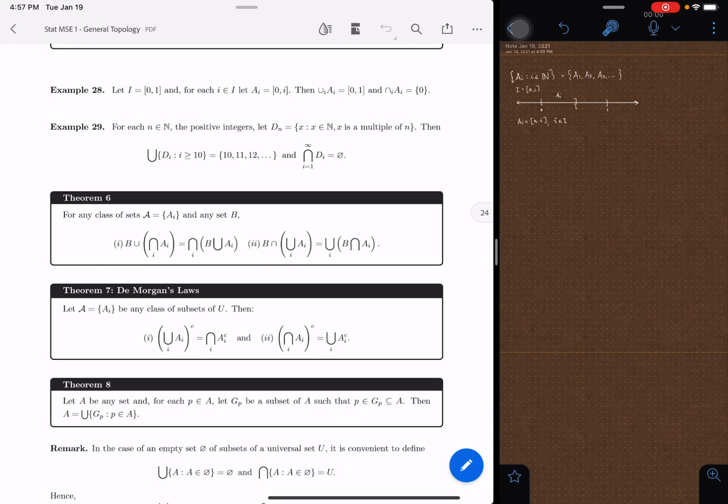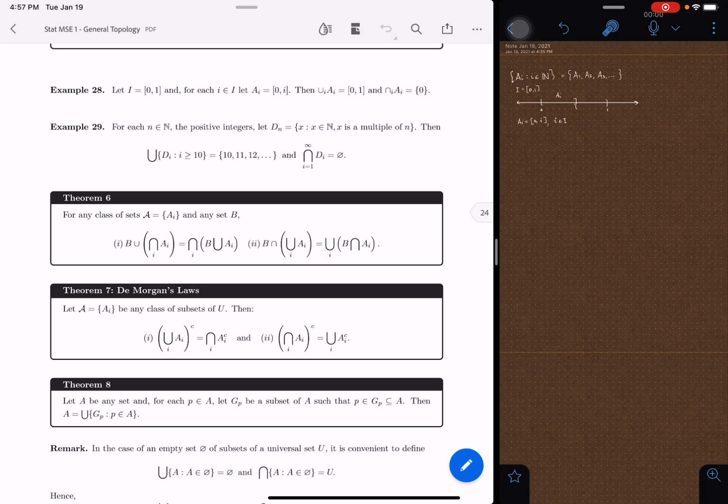Okay, so if we get the union of all A sub i, we get the entire interval I, or the unit interval 0 to 1. But if we get the intersection of all A sub i, then take note that every set A sub i contains the element 0.